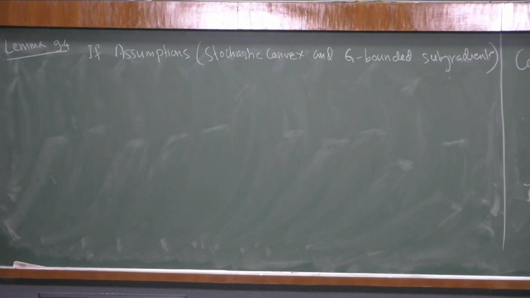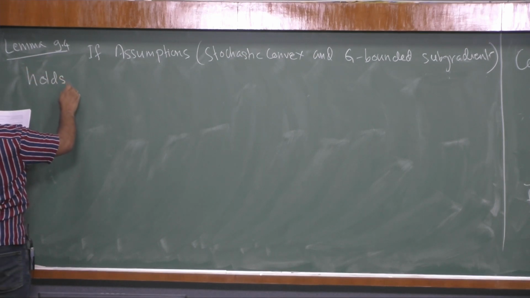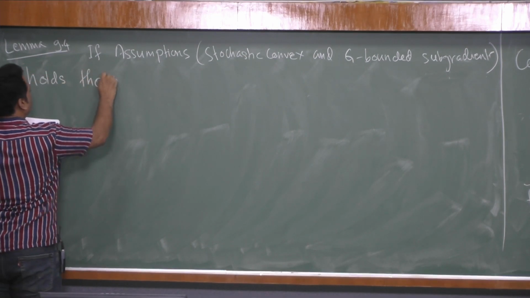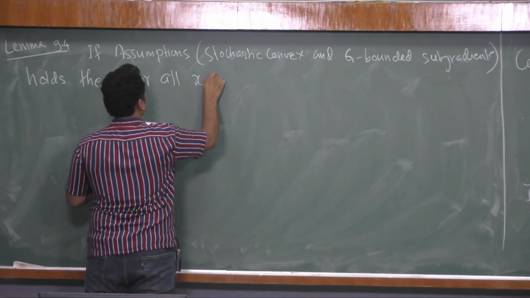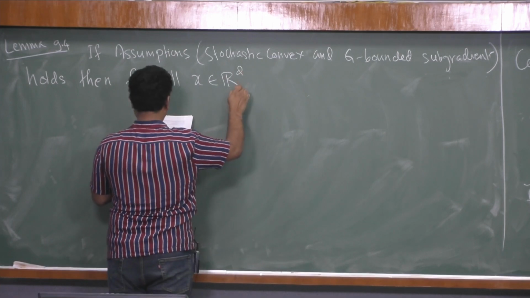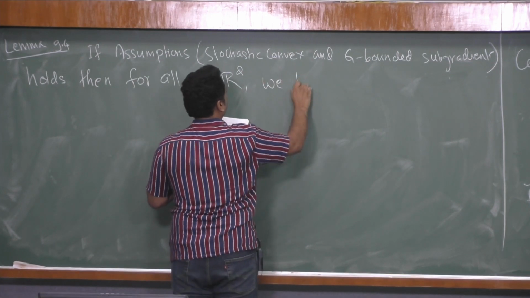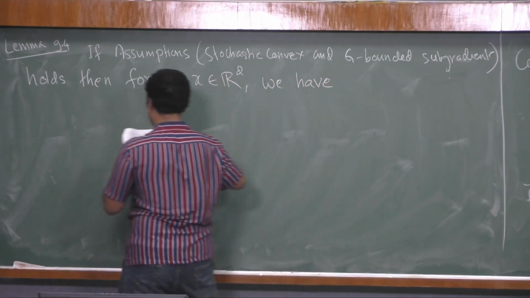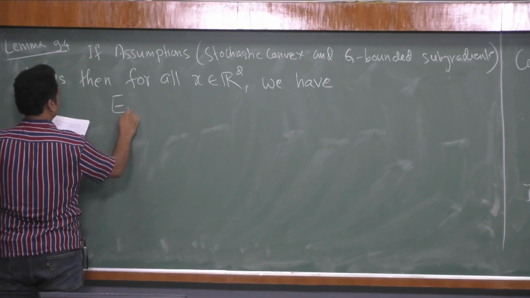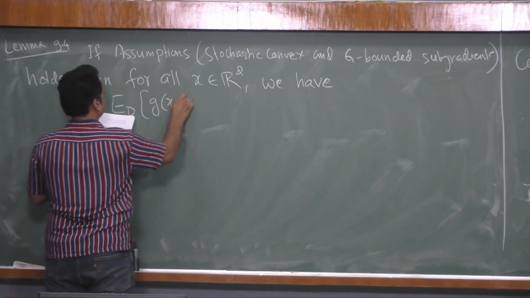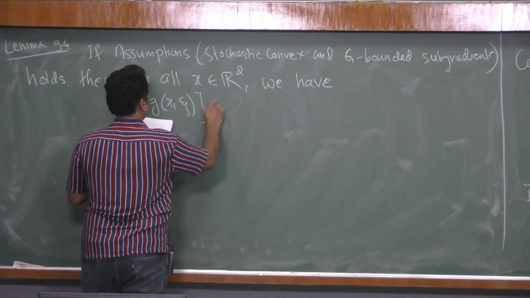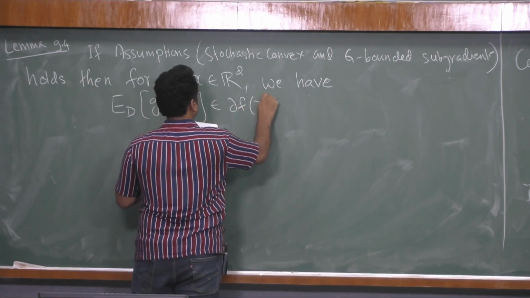So we have defined this in the previous class. So if this holds, then for all x in R^d, we have that the expectation of G(x, j) is in the subdifferential of f.